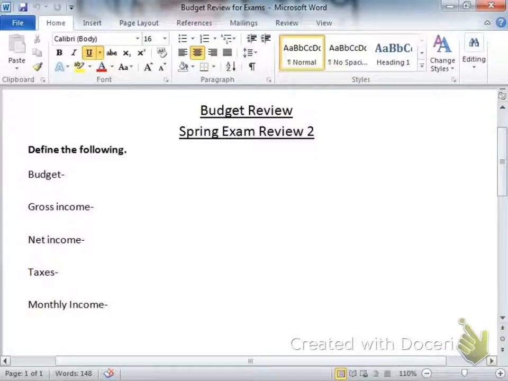So a few definitions. We talked about these words a whole lot while we were working on the budget, but we never actually sat down and defined them, so that's what we're going to work through today.